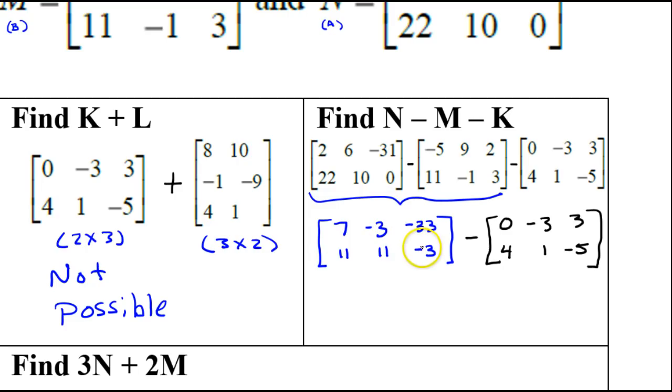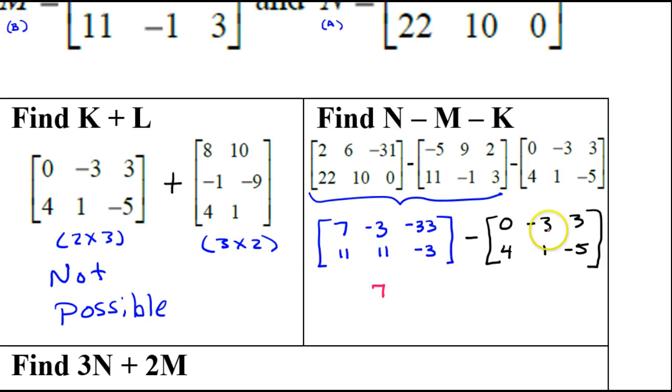So this blue matrix is the result of N minus M. And then we proceed and bring down matrix K. So we need to take the blue matrix that we got from subtracting N minus M, and now we will subtract matrix K, again subtracting the corresponding elements. For example, 7 minus 0 is 7.